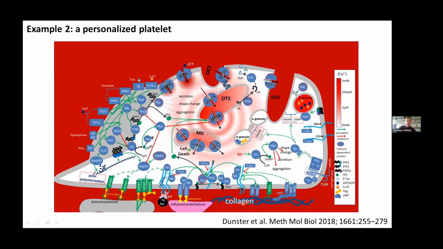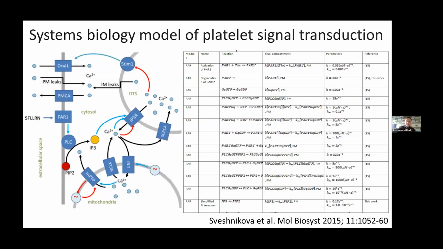And at some time point, in order to understand how this works together, we began, first of all from the basic point of view, to simulate this system. Here you can see an example of our early model.